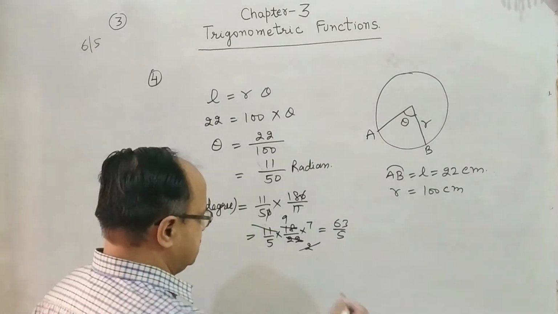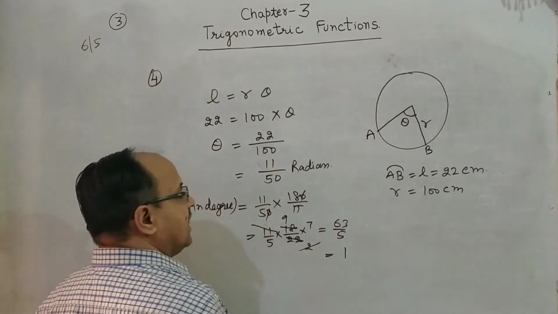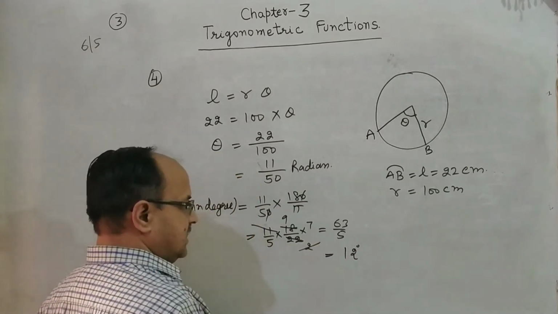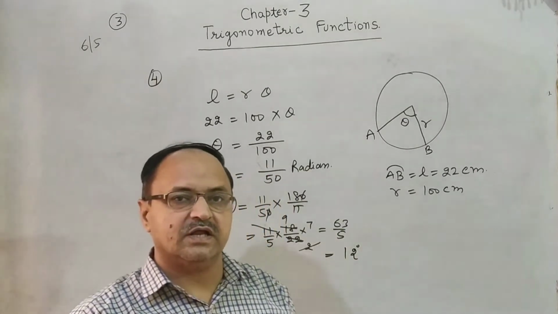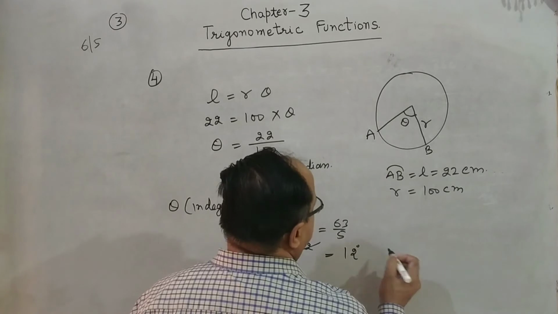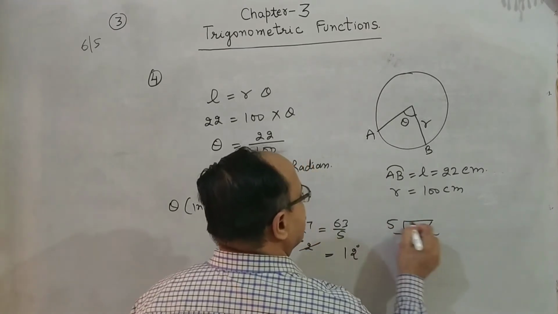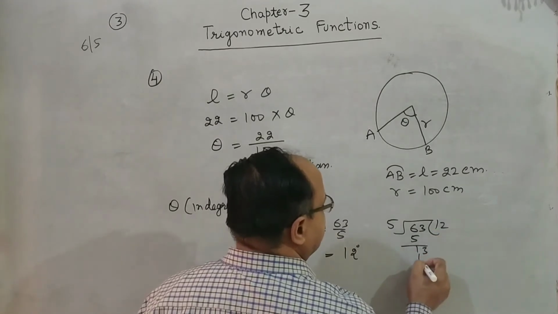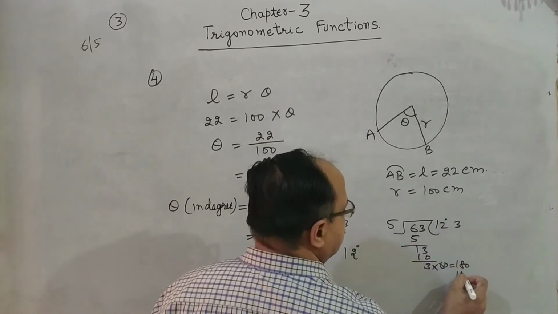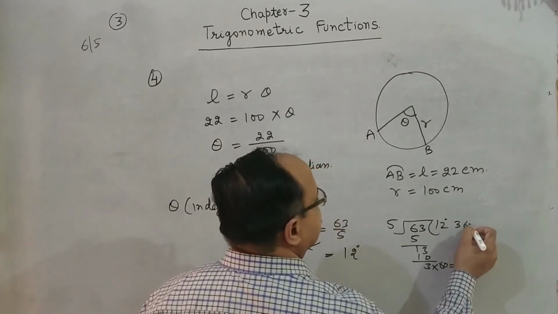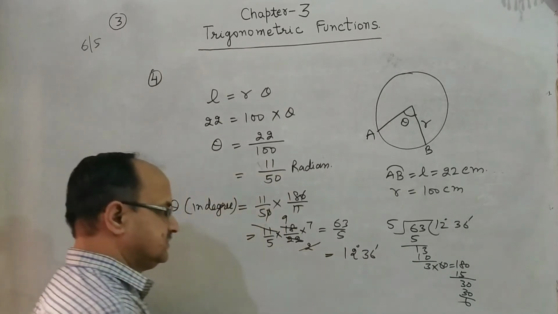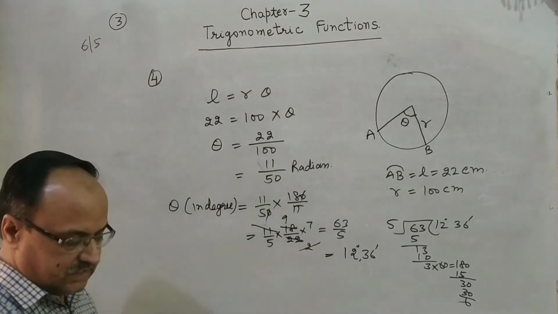Now simply divide: 5 twelves are 60, and 3 is the remainder. 3 degrees converted into minutes is 3 multiplied by 60, that is 180, divided by 5 gives 36. Therefore the answer is 12 degrees 36 minutes.